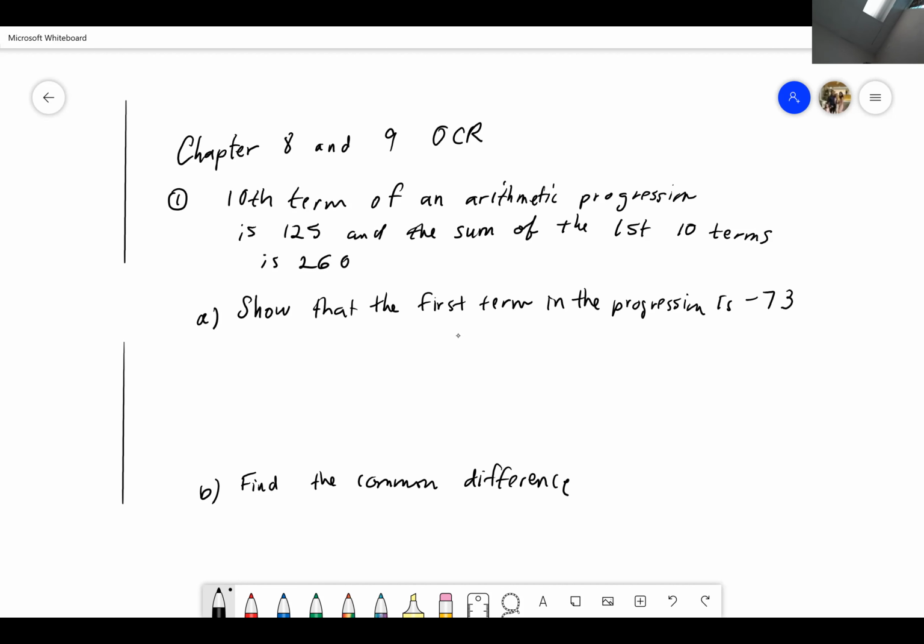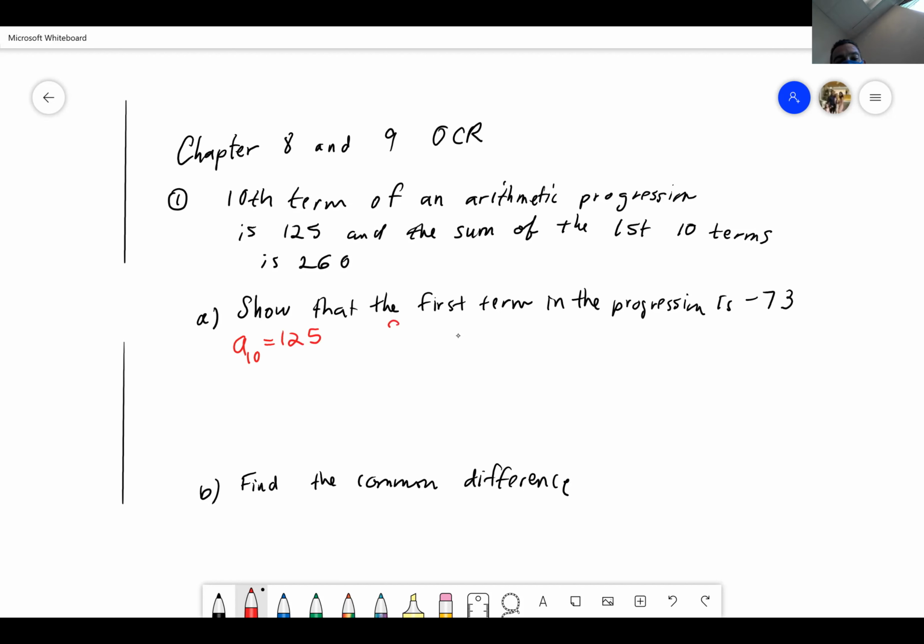So I'm going to do the question, but I suggest when you go home, you try to do it without looking at your notes. See if you can piece it together. So let's see if we can get some hints here. It says the 10th term in an arithmetic progression is 125. I'll write this in red. A sub 10 equals 125.